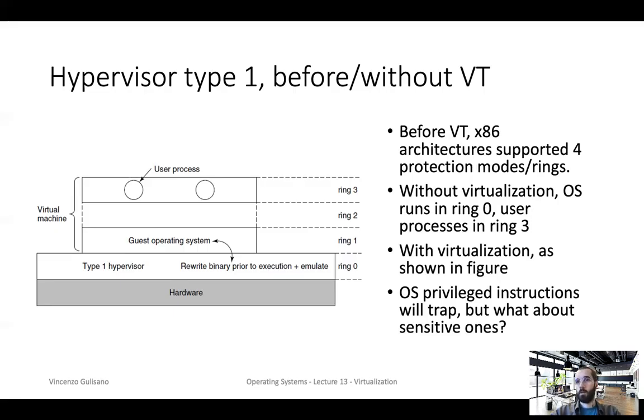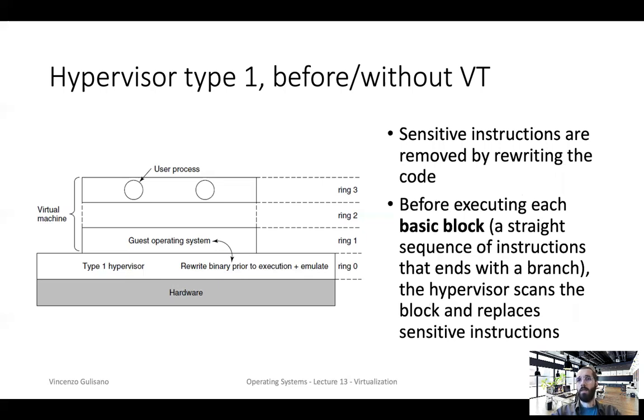Now, this does not really solve the problem of sensitive instructions. So what was done before, and is still sometimes used for efficiency, is basically to recompile the code so that sensitive instructions are removed.